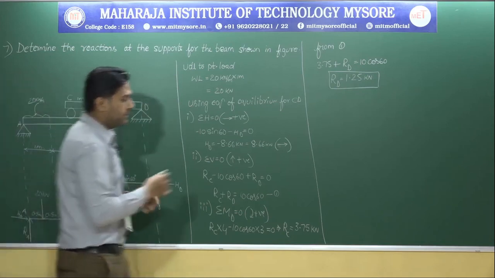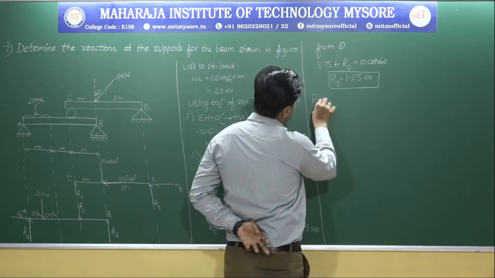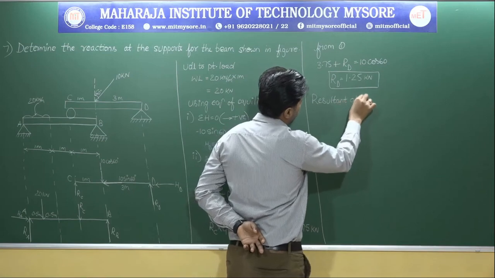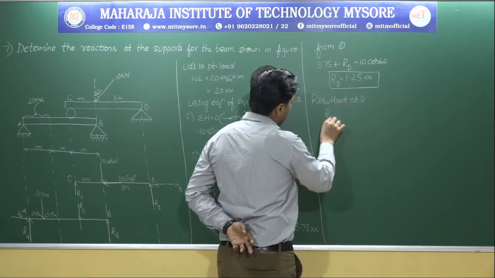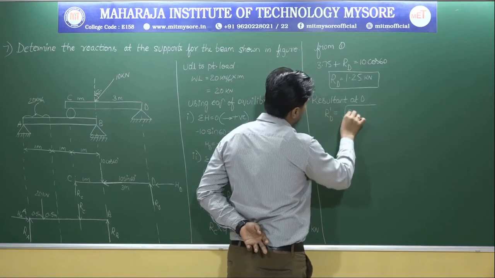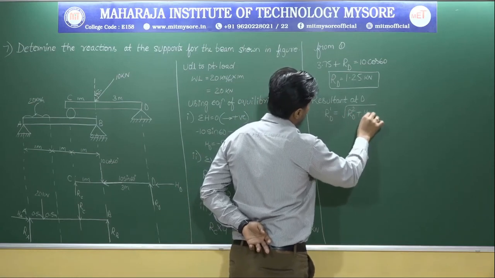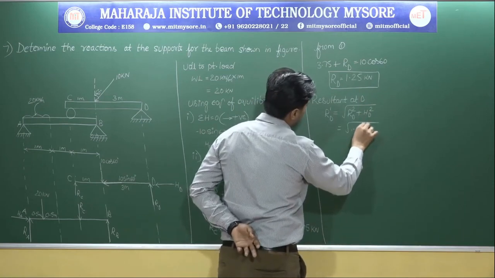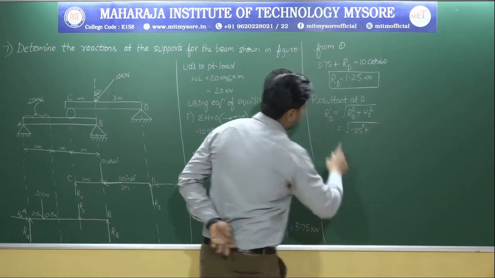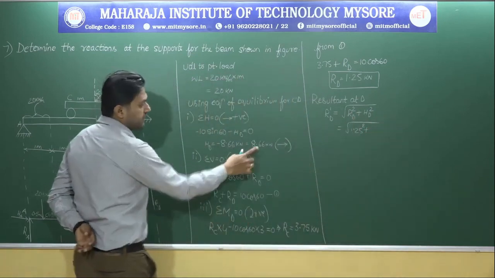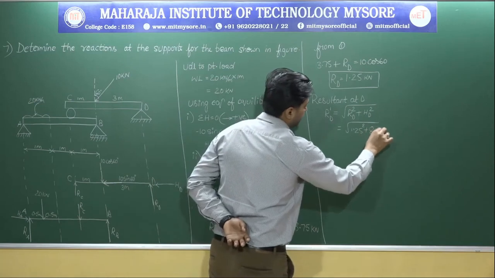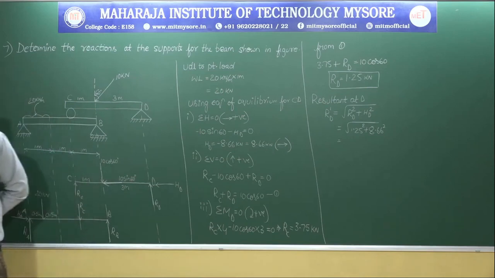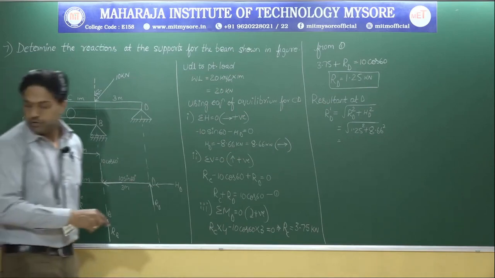So let me calculate the resultant at D. I will be calling it RD dash, which is equal to the square root of RD square plus HD square. The value of RD is 1.25. Don't consider negative sign anywhere. The value of HD that we got is 8.66. So the value of RD dash is 8.74 kilonewton.